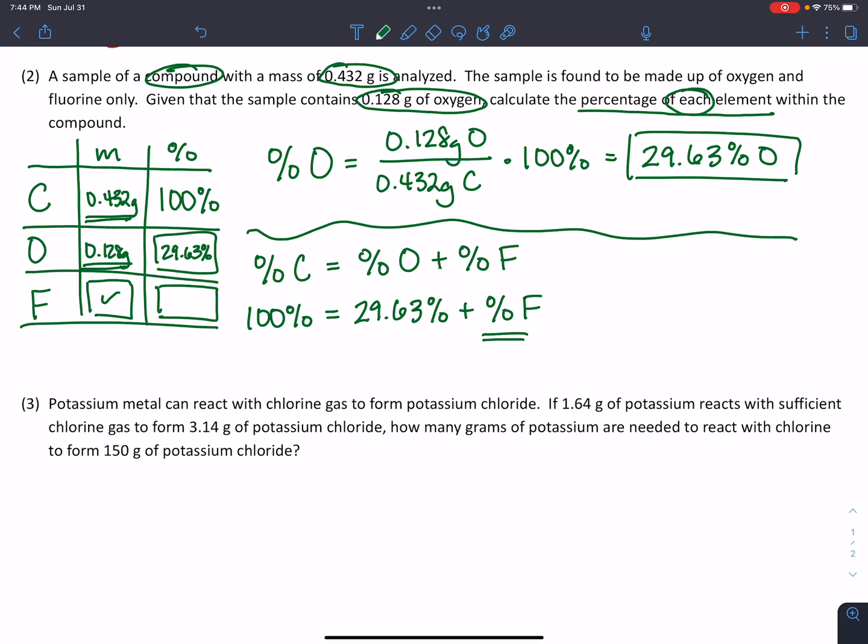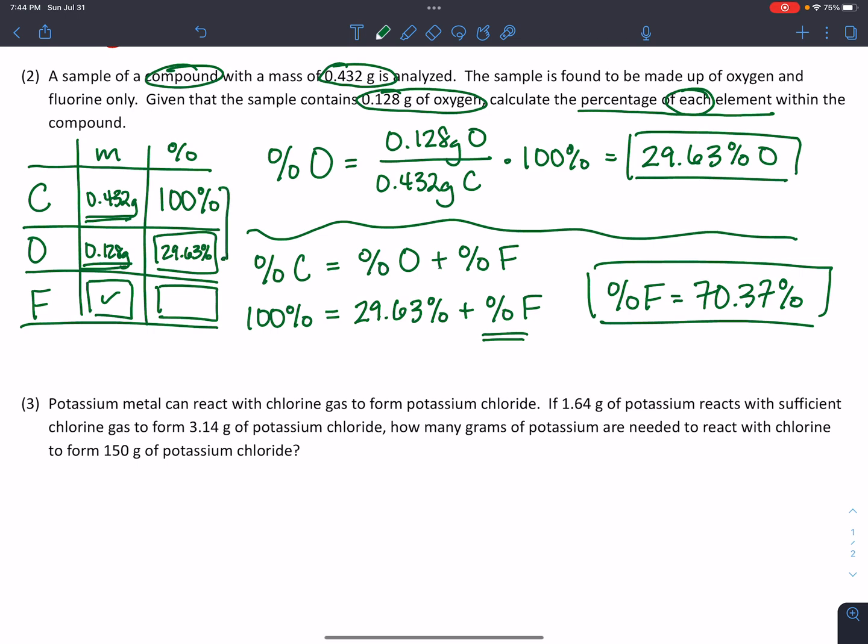So I'll subtract 29.63 from 100, and I find that the percentage of fluorine should be equal to 70.37%. So there's a way to directly find that percentage when you have the percentage values for the rest of the compound.